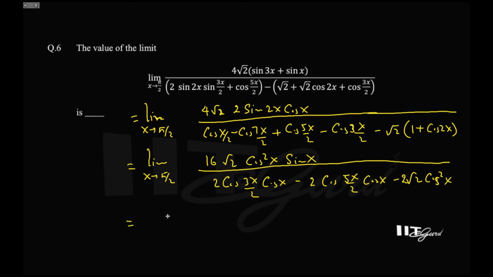So finally what we conclude over here, limit x tends to pi by 2, you can solve over here, 16 root 2 sin x, you can retain this cos x here, because here also you get cos x, and here also cos x. Take out cos x common and cancel with this, so you can take out cos square x common also.